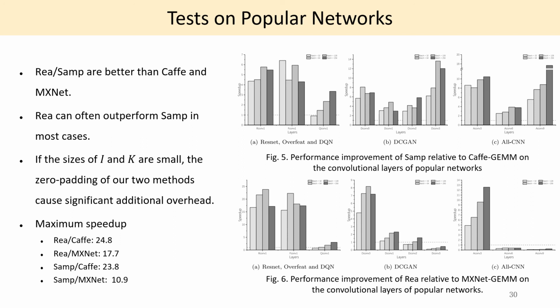But if the sizes of input feature maps and kernels are small, the zero padding of our two methods causes significant additional overhead, which causes the performance of our two methods to degrade. The maximum speedups on popular networks are shown below.